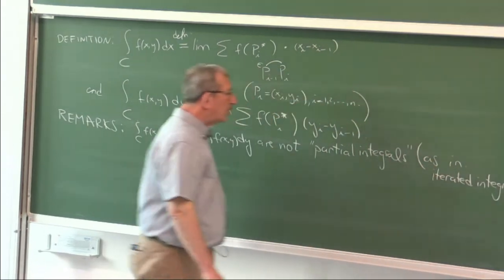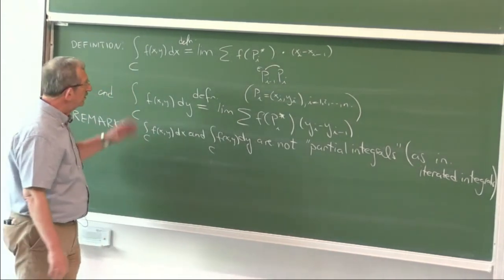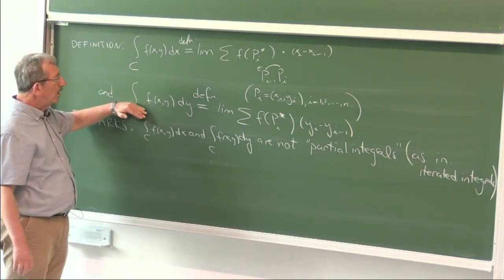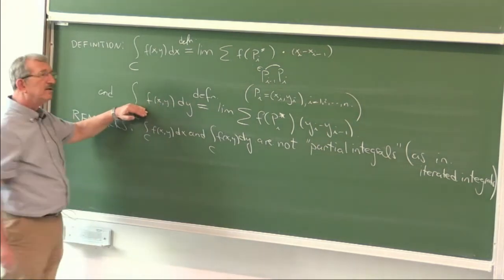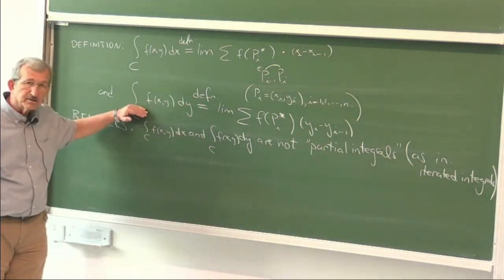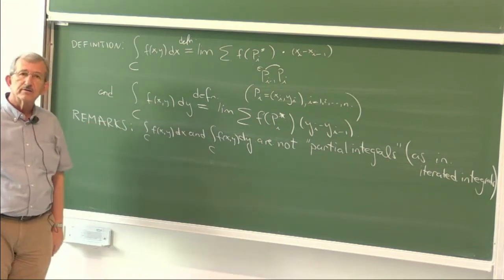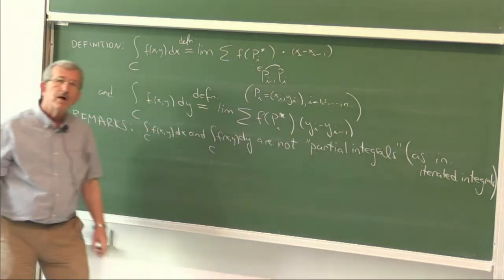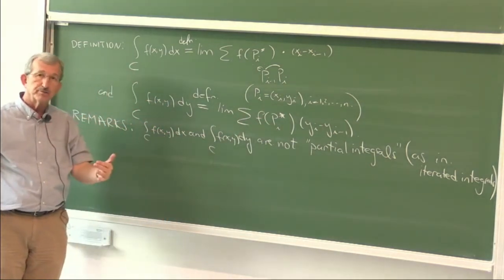What do I mean by this? Well, in iterated integrals, you remember that when we had an integral of this form, we just took y as the variable and integrated, keeping x constant. Well, but here x is not constant, because (x,y) is a point on the curve, and when this point changes, both x and y change.